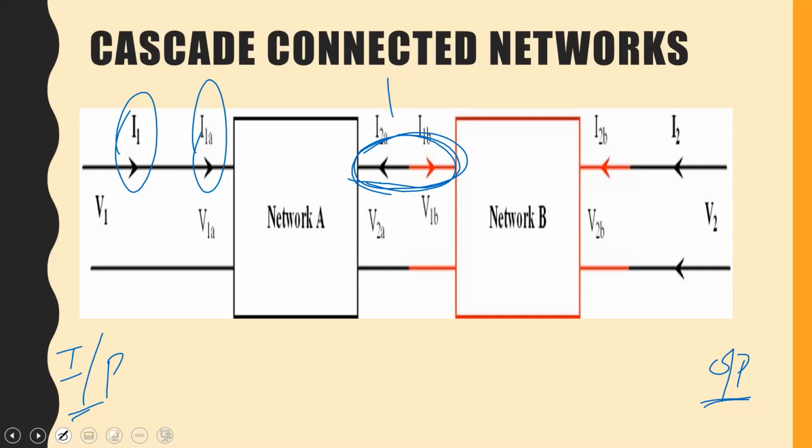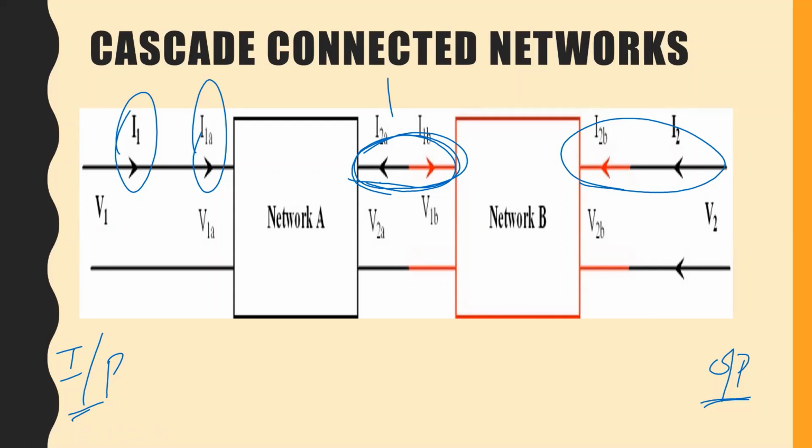So I1B is equal to the negative of I2A, or I2A is equal to the negative of I1B. And then we come to this section of the network, and we see that I2 is equal to I2B. So those are the currents.